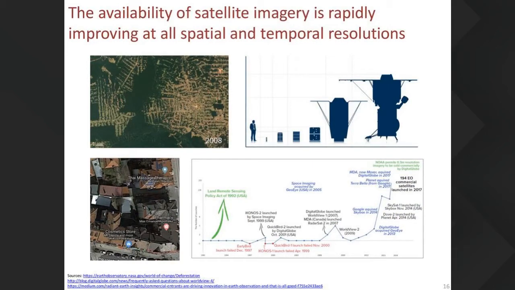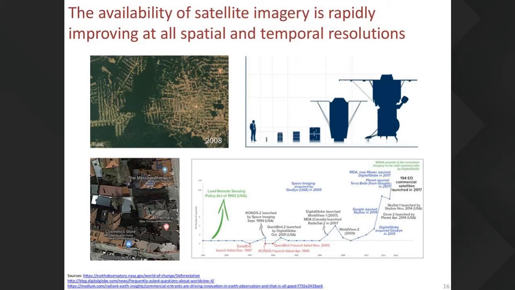So there's a couple of major things that are making this possible nowadays where it hasn't been possible as much before. The first being that the availability of satellite imagery is rapidly improving at all spatial and temporal resolutions. So we now have more satellites with cameras on them orbiting the Earth than ever before at all different scales.